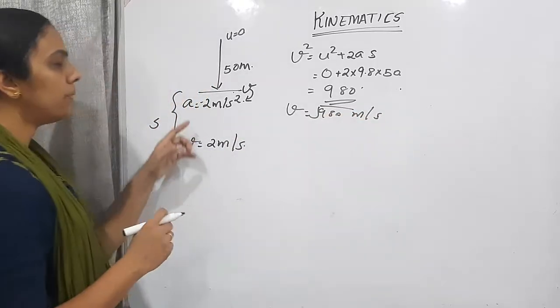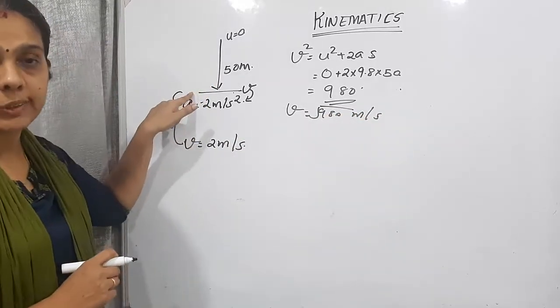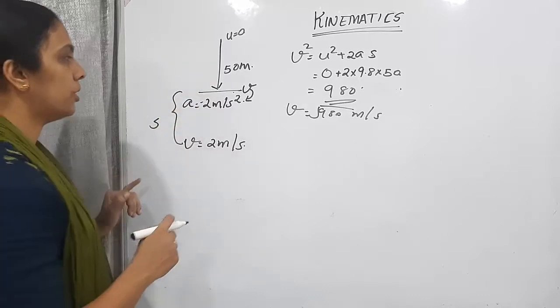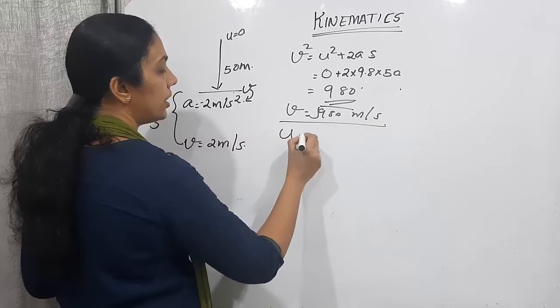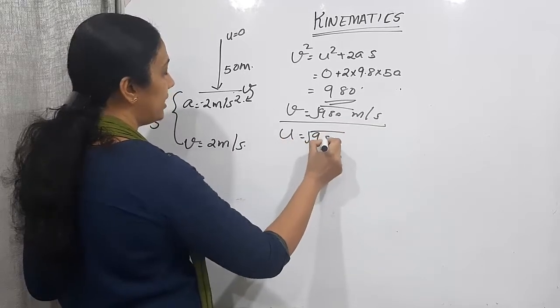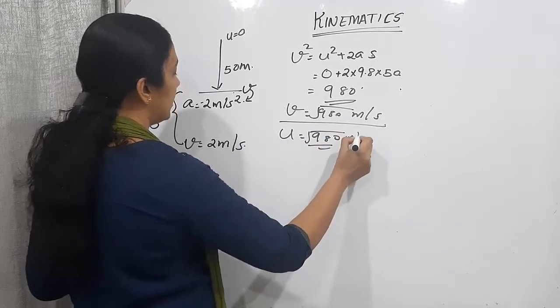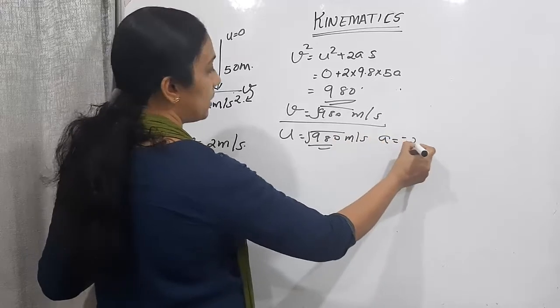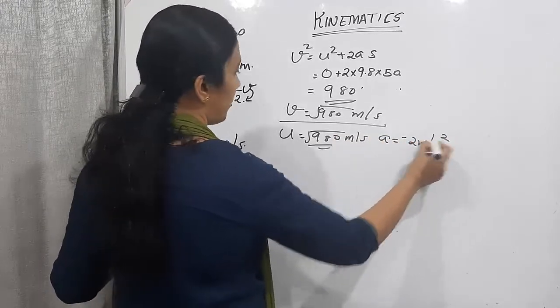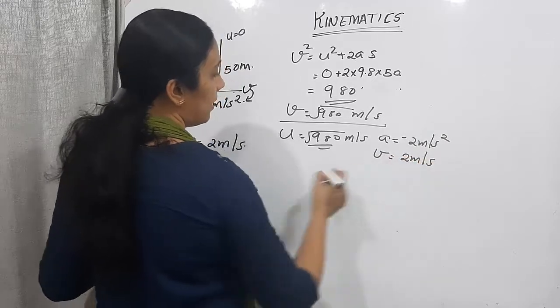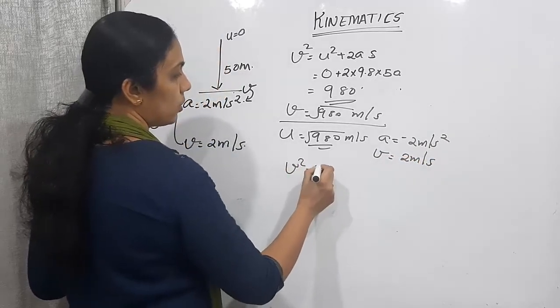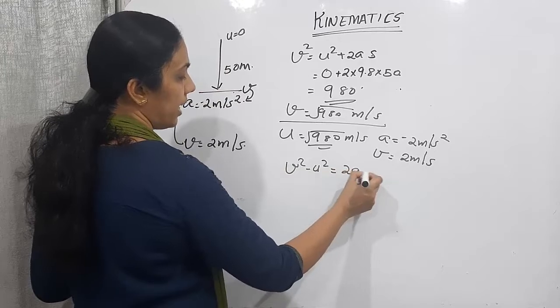That V will act as the initial velocity for the next portion. So the initial velocity is root 980, the acceleration is minus 2 meter per second square, and the final velocity we got is 2 meter per second. Therefore, V square minus U square equals 2AS.